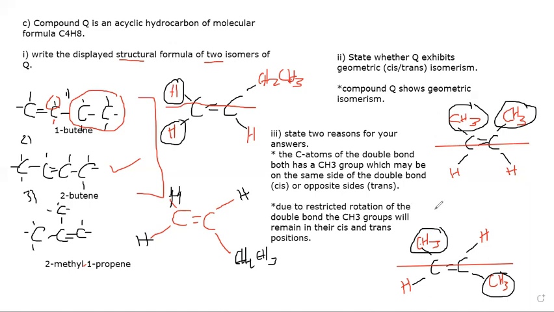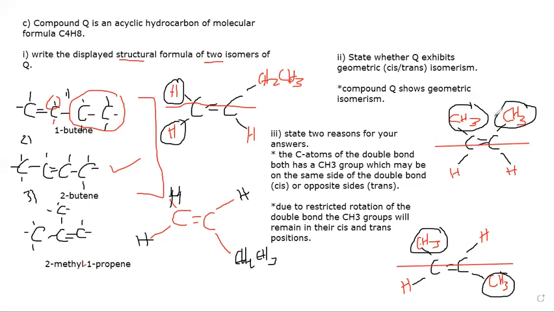The second reason, the double bond does not allow the atoms to be rotated. So this carbon atom cannot be rotated. The carbon to carbon double bond prevents this methyl group from coming down here. So you cannot spin it. All right.